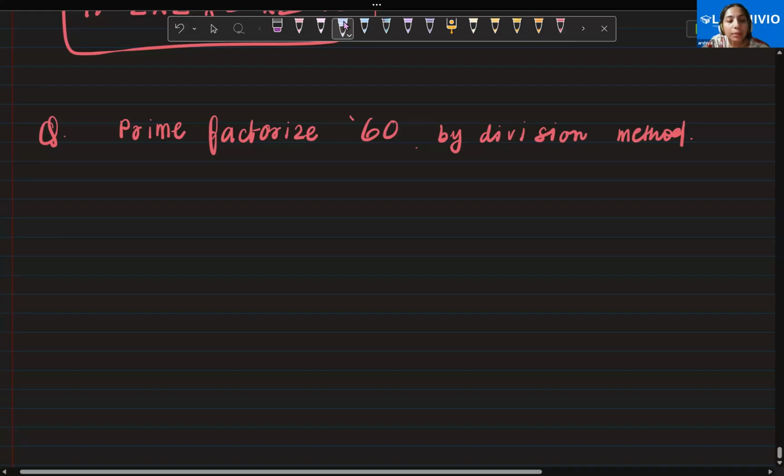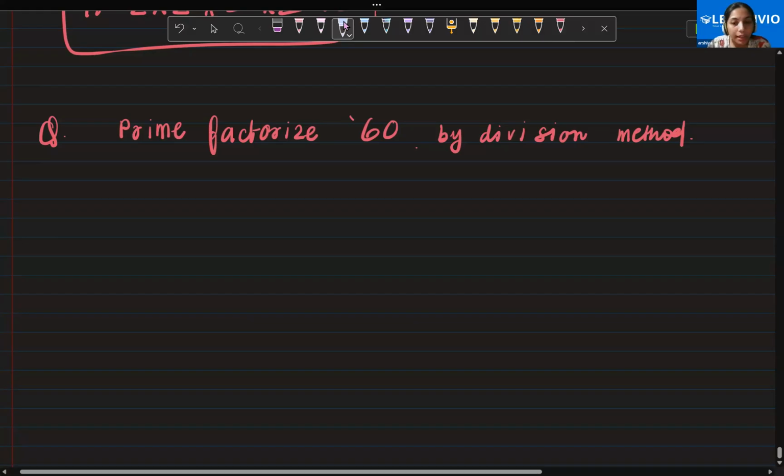Is 15 there in any prime number's table? No. Think about it. Use divisibility rules. 5, yes. How many times? 5 threes are 15. So that means it's in the table of the prime numbers 3 and 5, right?